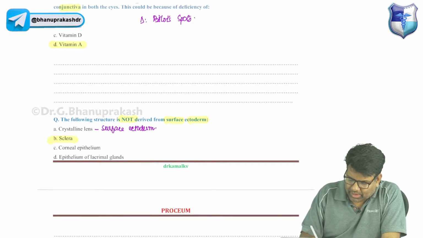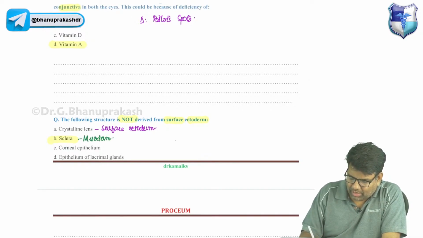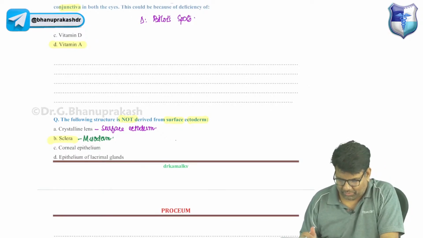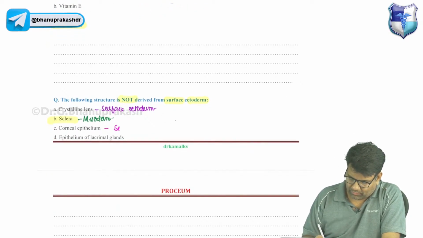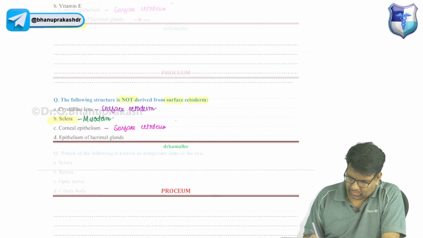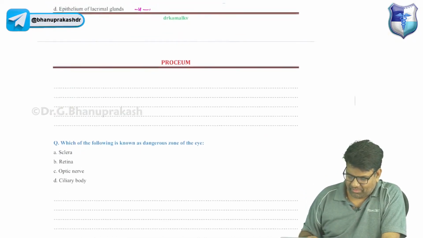Okay, the sclera is derived from mesoderm. Please remember, and rest other all options, corneal epithelium or epithelium of lacrimal gland, they are all surface ectoderm. So this is in short about embryology.